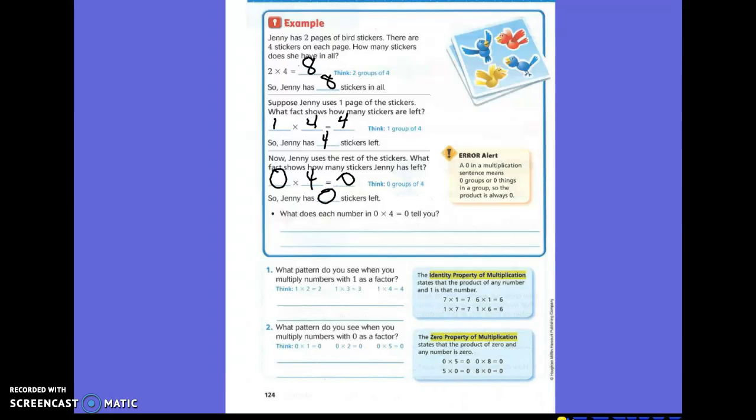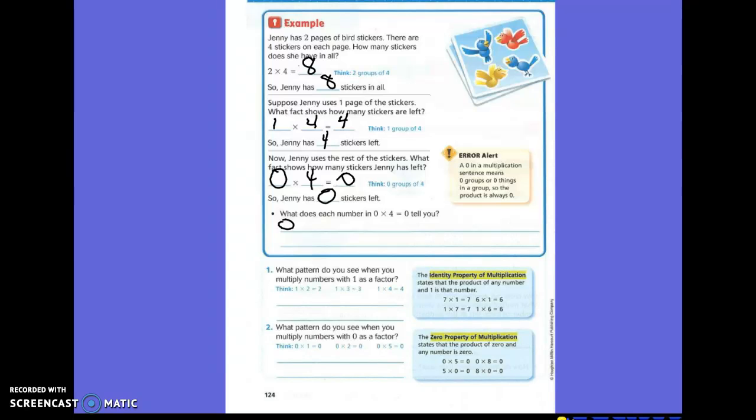0. Okay. What does each number in 0 times 4 tell you? What does the 0 mean in this story? Not 0 groups, but 0 stickers left. Not 0 stickers. No pages. 0 pages.